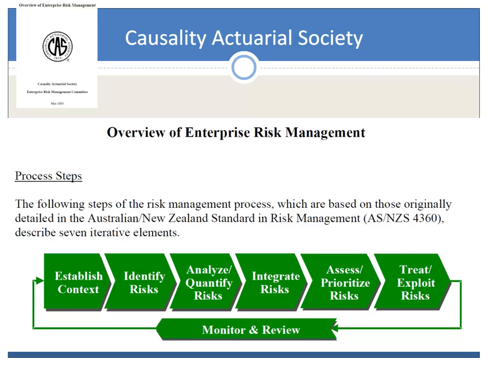All entities face uncertainty, and the challenge for management is to determine how much uncertainty to accept as it strives to grow stakeholder value. Uncertainty presents both risk and opportunity, with the potential to erode or enhance value. Enterprise risk management enables management to effectively deal with uncertainty and associated risk and opportunity, thereby enhancing the capacity to build value.